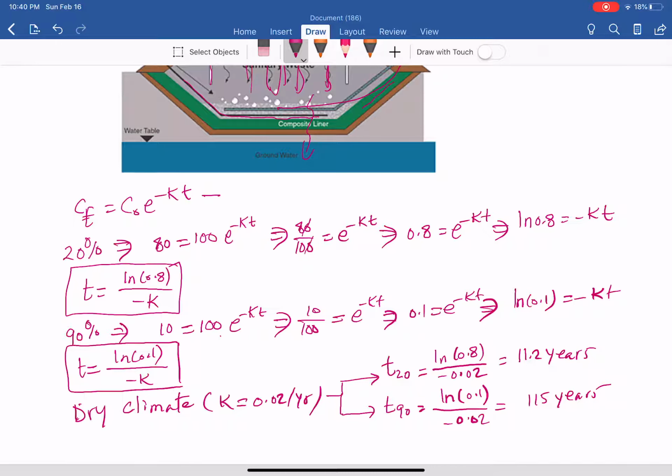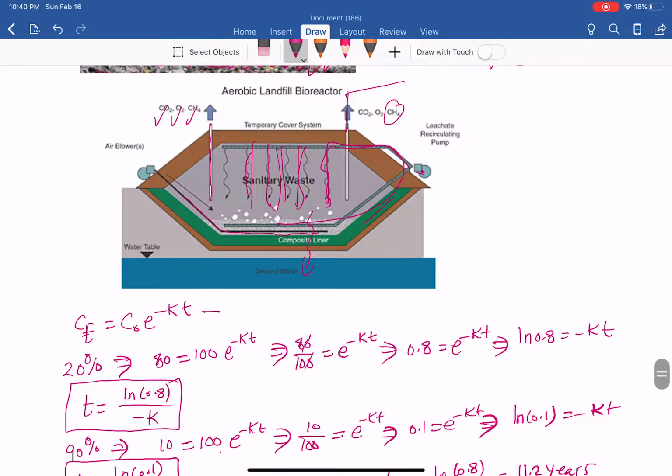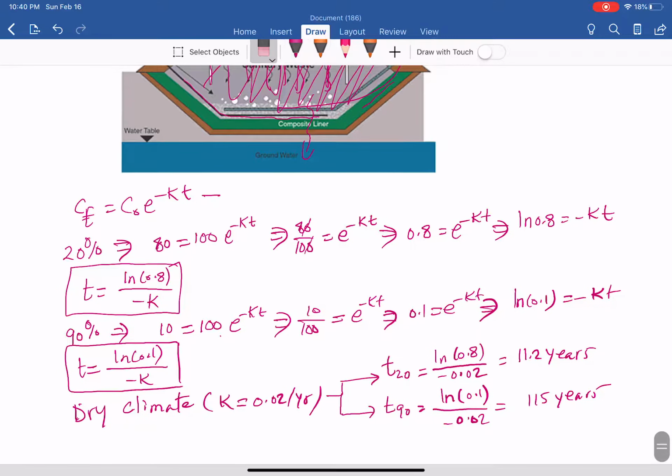It makes sense because when people put trash in a landfill, to get 90% removal of the organic it will take 115 years, a lot of time. To get only 20%, that's 11.2 years.